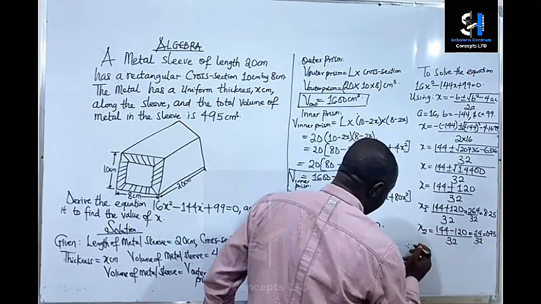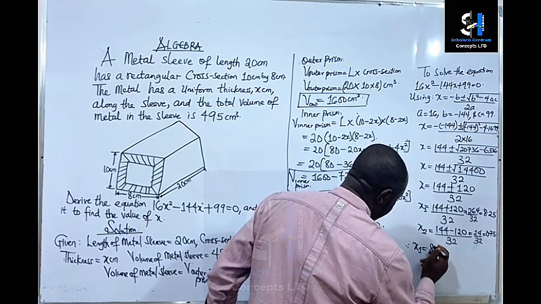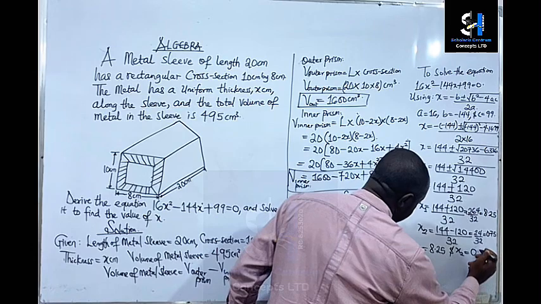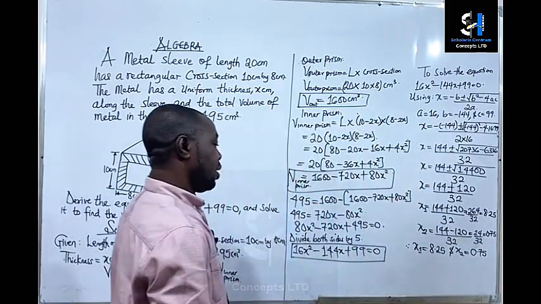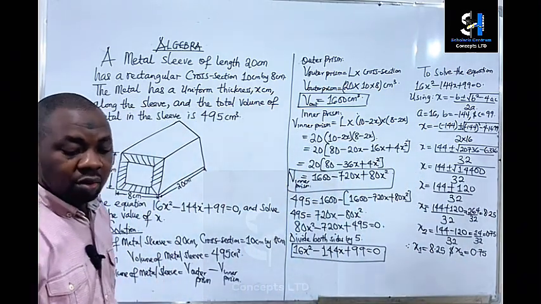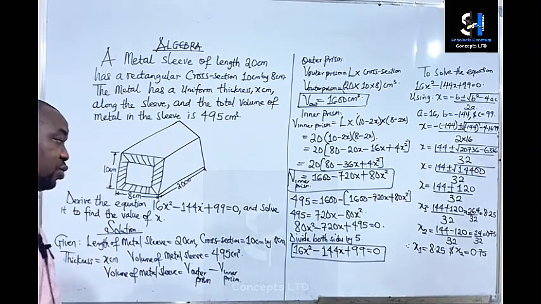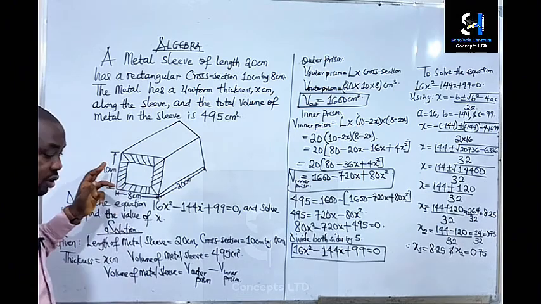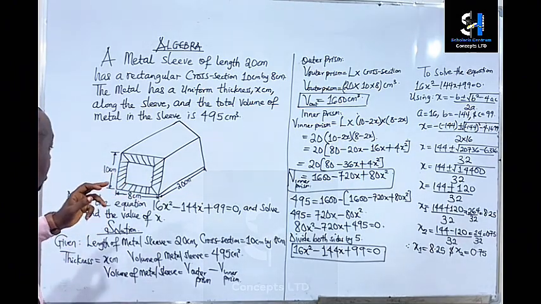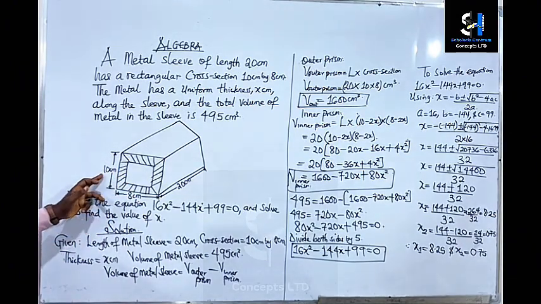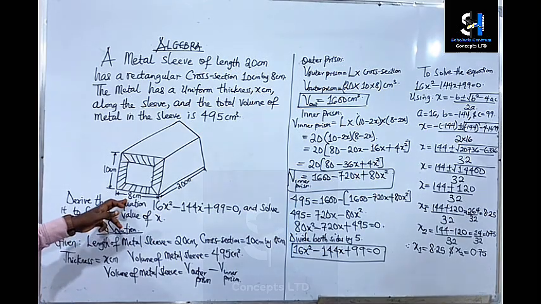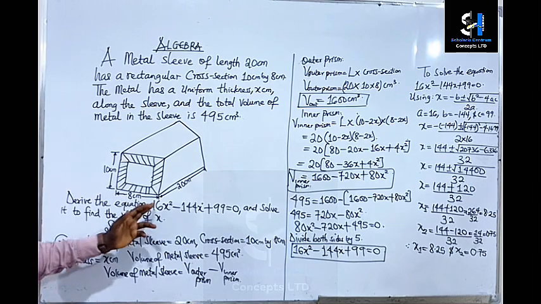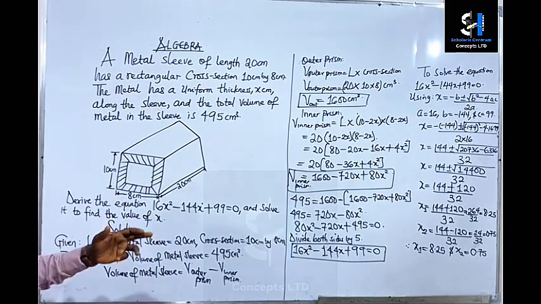So therefore we have x1 to be 8.25 and x2 is 0.75. So one of these will be the thickness that we're looking for. Now 8.25 is not possible, because we have the cross section. The cross section is 10 centimeters by 8 centimeters, and we cannot have the thickness be more than one side of the rectangular cross section.